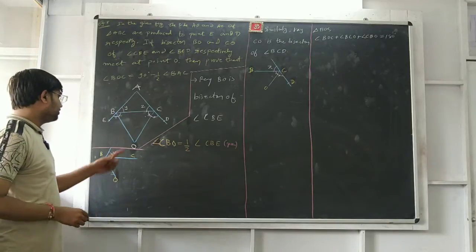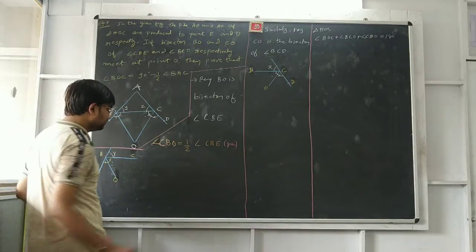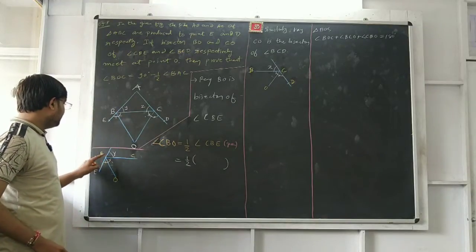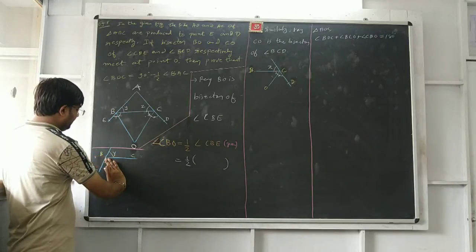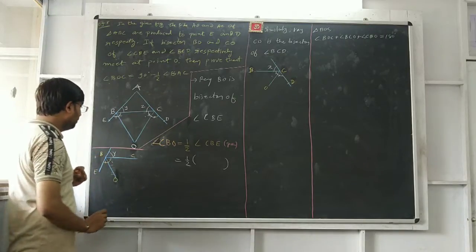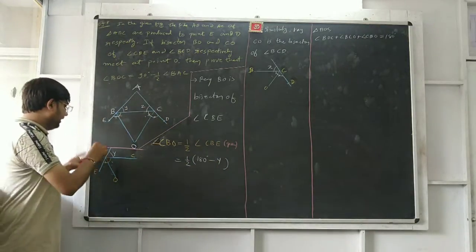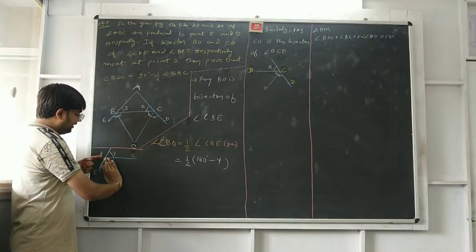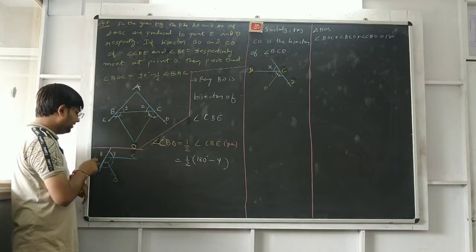CBO is equal to 1 by 2 of CBE. What is CBE? Here angle CBE and angle y form a linear pair, so y plus CBE is equal to 180. So I can write CBE is 180 minus y. These are the adjacent angles CBA and CBE.